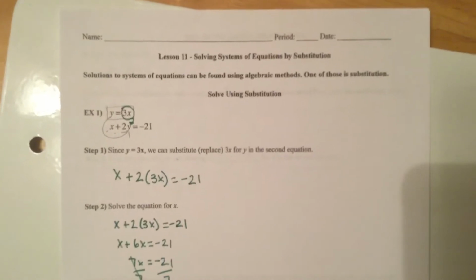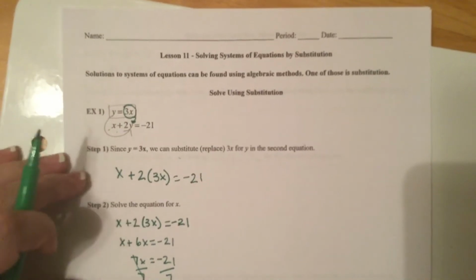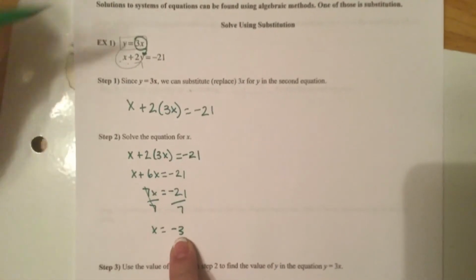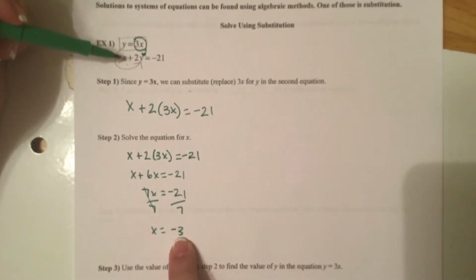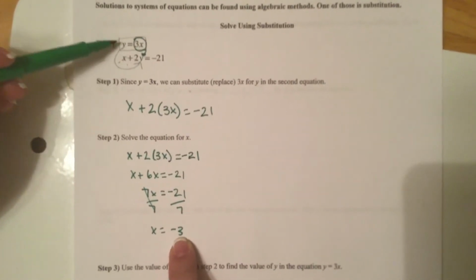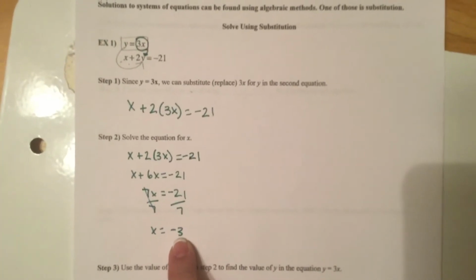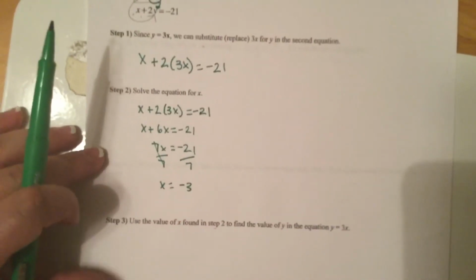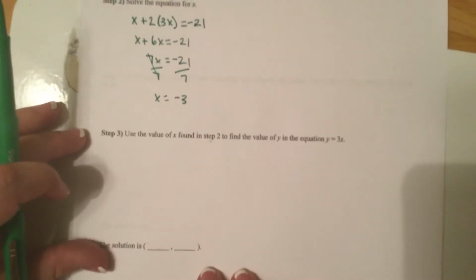Now I'm not quite done yet, because what I need to do is take this negative 3 and plug it back into the x in either of my original equations in order to figure out what y equals when x equals negative 3. So that's what I'm going to go ahead and do.